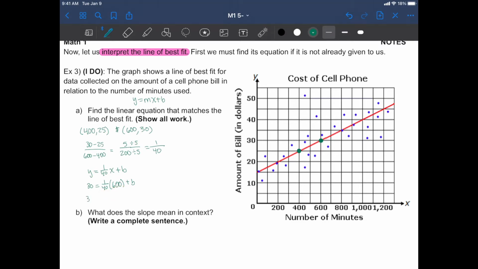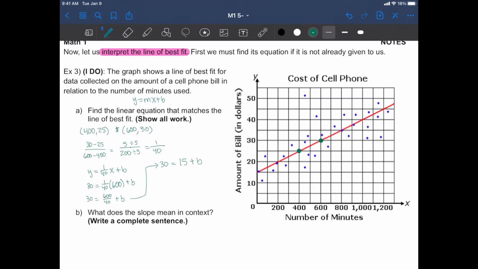Okay, so I end up with 30 equals 600 divided by 40 plus b. You can go ahead and use your calculator to figure this out, but I'm just going to look at this as if I didn't have one. All right, so I think about what is the largest number that goes into 640. The largest number that goes into 640 is in fact 40. Okay, and so 600 divided by 40 is 15.